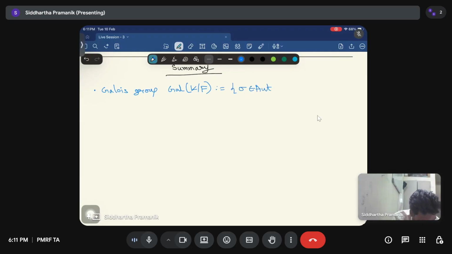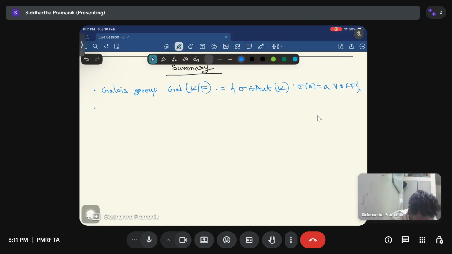So it is automorphisms of K such that sigma of a is a for all a belongs to F. We have defined this Galois group, and this basically forms a group. That is why it's called Galois group.